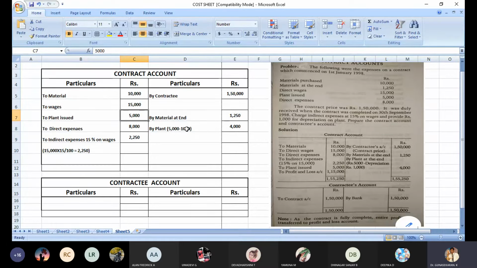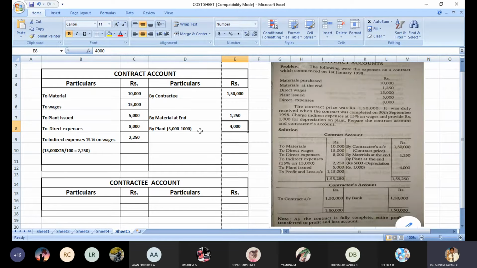If you enter 1,000 rupees on the debit side, then you should enter 5,000 on the credit side. Don't write 4,000. So the plant issued value is entered on the debit side, and the same plant value at the end of the contract is 4,000 because of 1,000 rupees as depreciation.